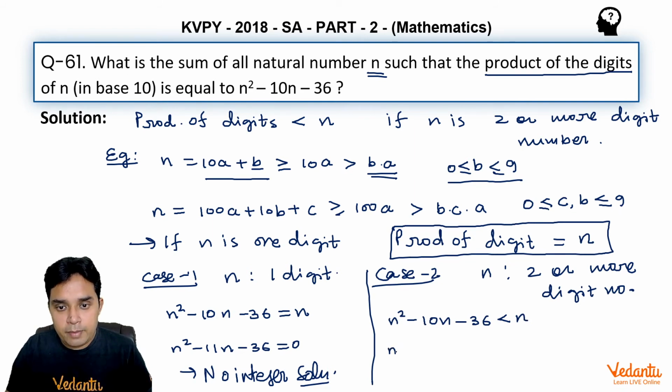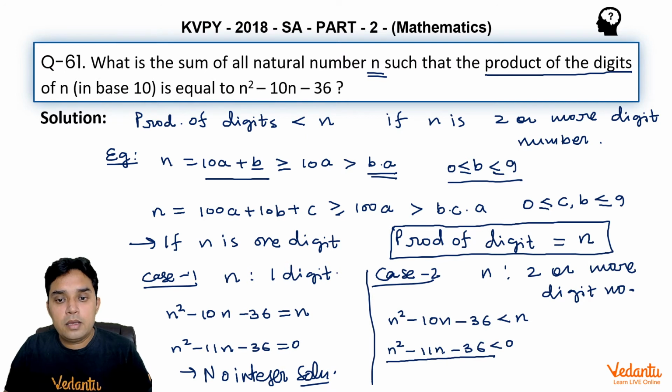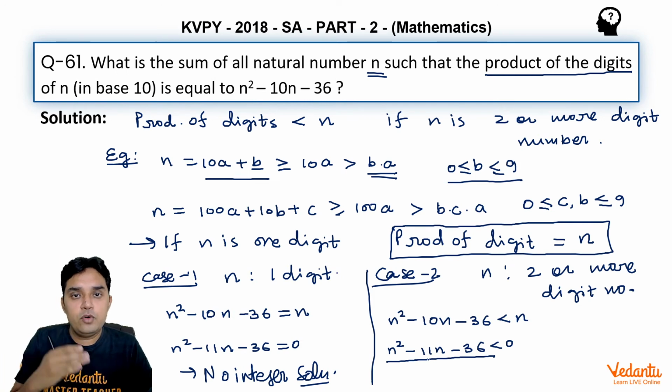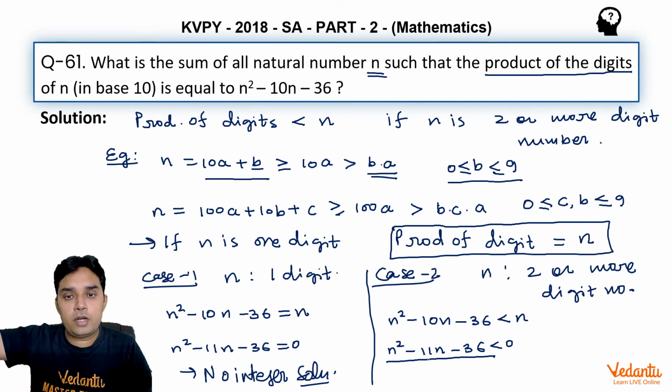So this will become the inequality n square minus 11n minus 36 less than 0. Now you can see it is an upward parabola having its minimum value at 11 by 2. So if I put two digit numbers for n, it will give higher values as we move from 10, 11, 12, 13, 14 and so on.